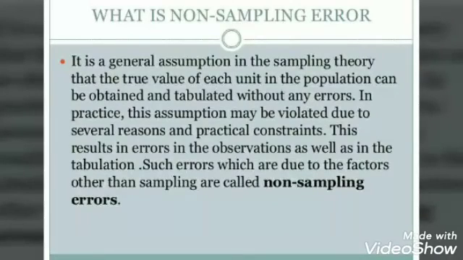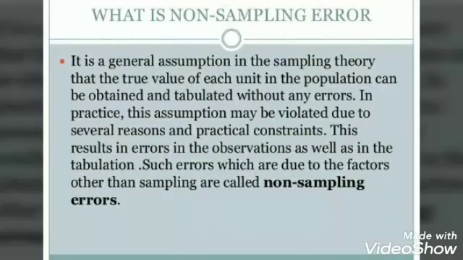But when we talk about a non-sampling error, no such possibility exists. Under non-sampling error, the errors are due to factors other than sampling, so to remove or minimize those errors is a difficult task.